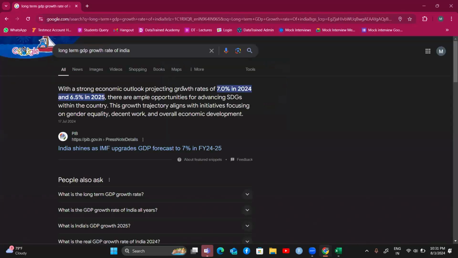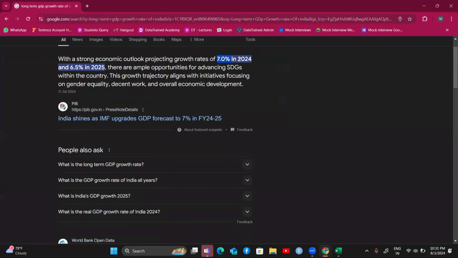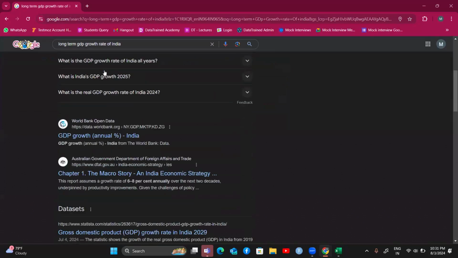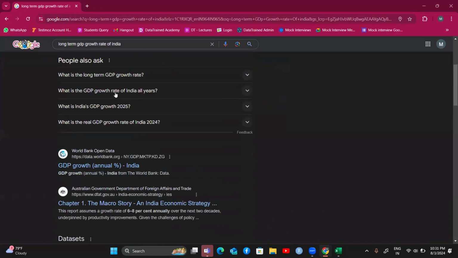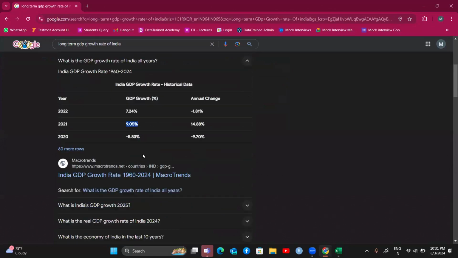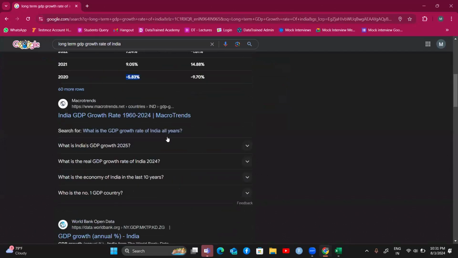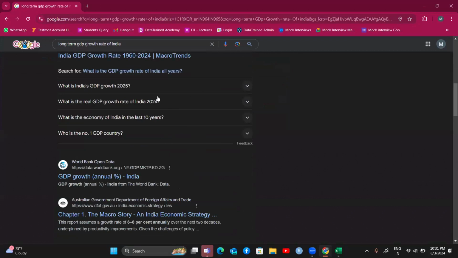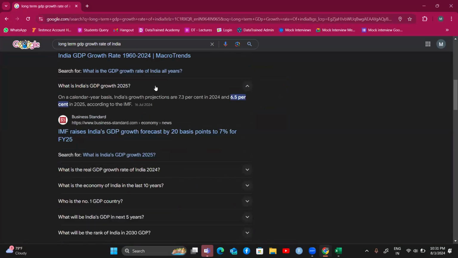With a strong economic outlook projecting growth rates of 7.0% in 2024 and 6.5% in 2025. We want long-term growth rates. For 24, it was 7.24, 9.05, minus 5.83. Growth looks like 6.5% in 25.